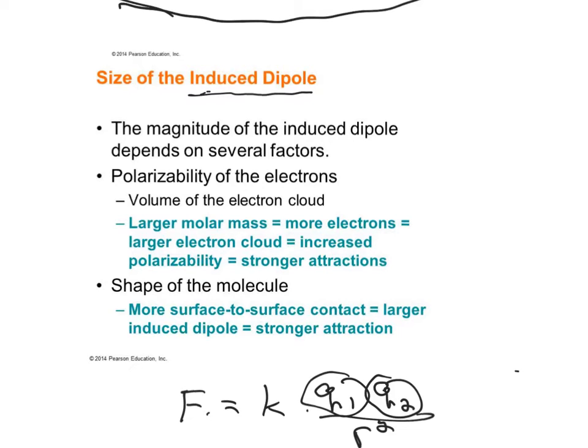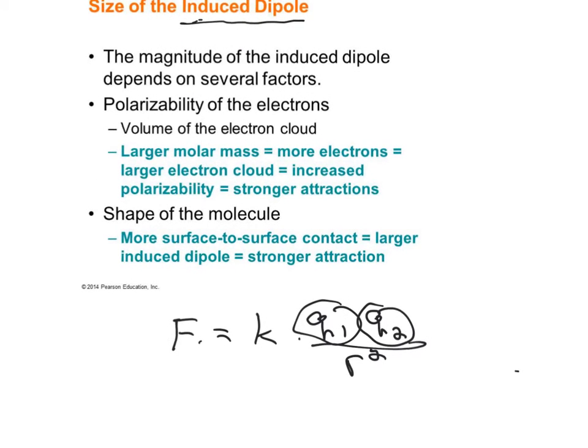Molecules and atoms that have more polarizable electrons will be able to have stronger differences in partial charge, which will set up bigger induced dipoles, greater magnitude. Then if we go back to this, that means we make these bigger. This difference is going to be bigger, and that can lead to a stronger force of attraction.